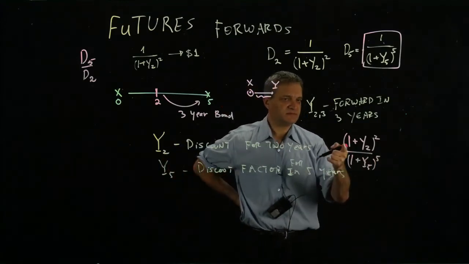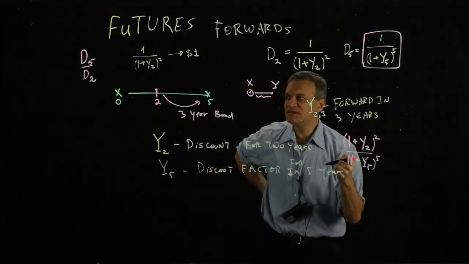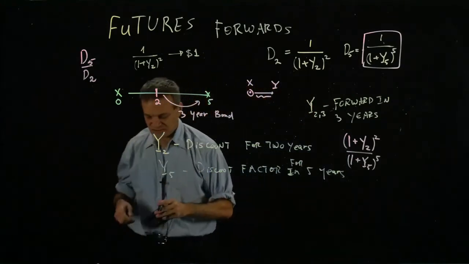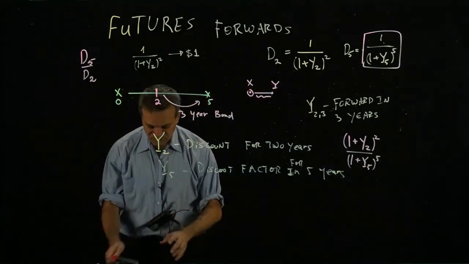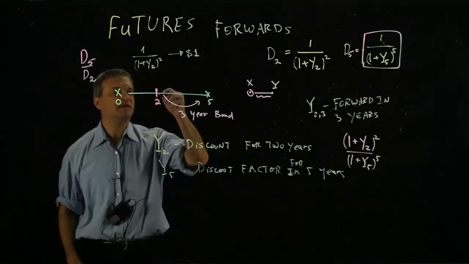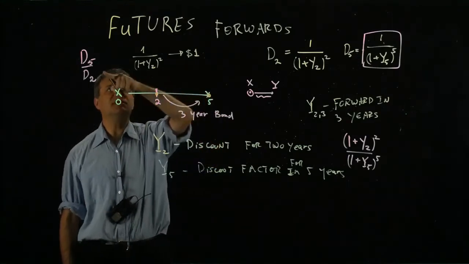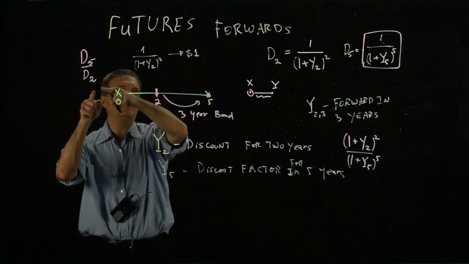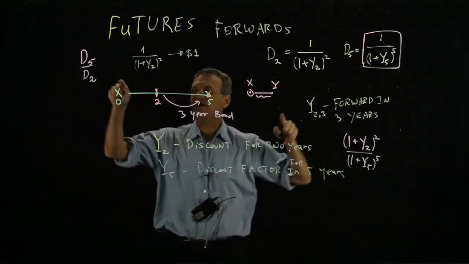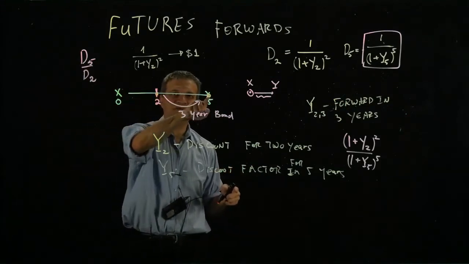Now this basically will say to me that if I'm getting whatever I get here, I'm going to get $1 here. Because D5 is going to tell you what is the price of a 5-year bond if I'm going to get $1 today.